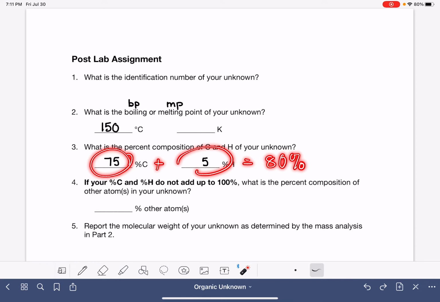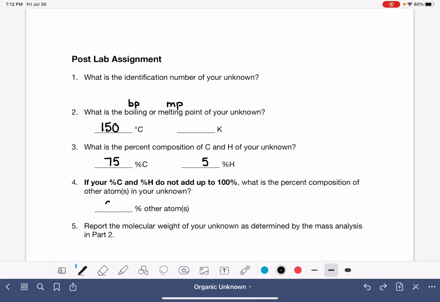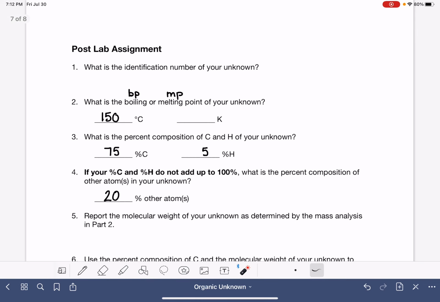So if you have a case like this, it would say 75% carbon, 5% hydrogen, that adds up to 80%, and it doesn't tell you anything about what's going on with the other 20%. All that you can say for now is that you have 20% some other atom, you don't know what it is, and you're coming up with this number yourself because this 20% is not going to be on the chalkboard. Don't panic if you're in this situation because it's not that much extra work.